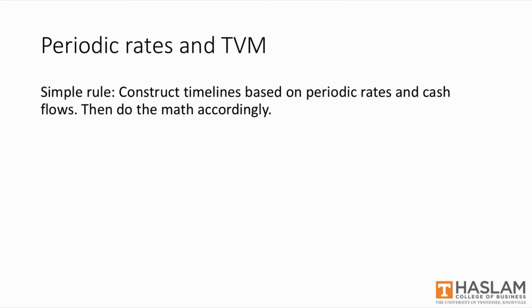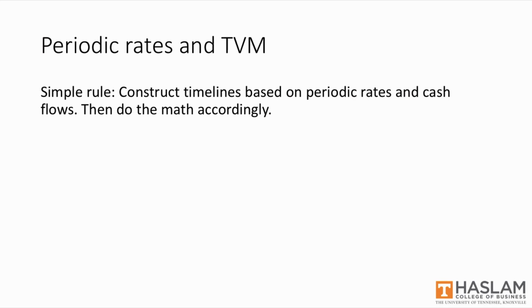Now let's quickly circle back to time value of money problems. When we have periodic rates, there's a simple rule that we always need to follow, and that is construct timelines based on periodic rates, periodic ticks, and periodic cash flows. All of those things need to match, and then once you've done that, you can do the math accordingly.